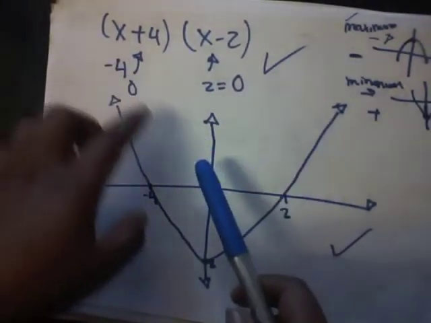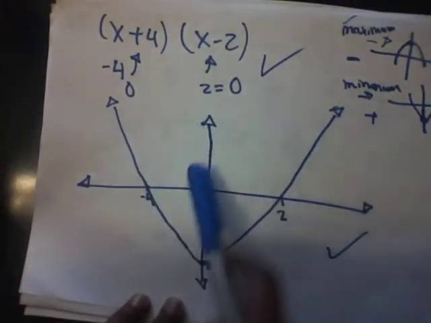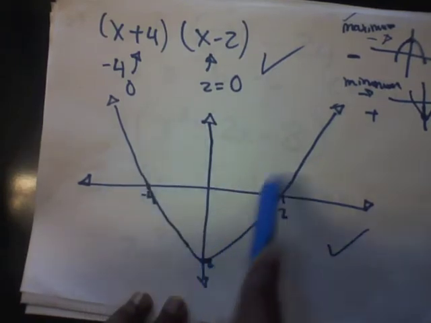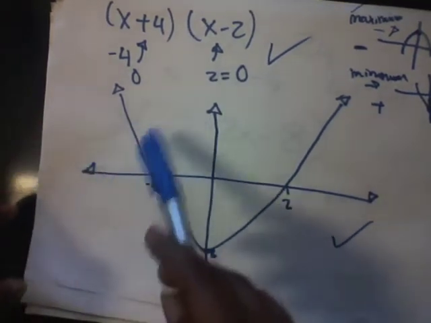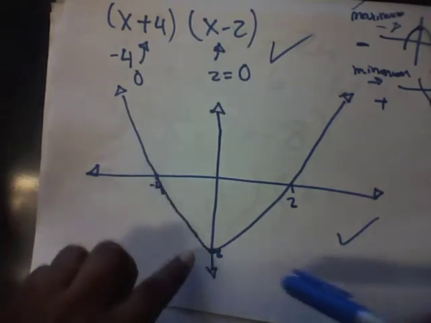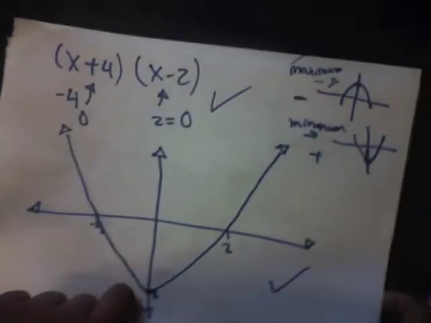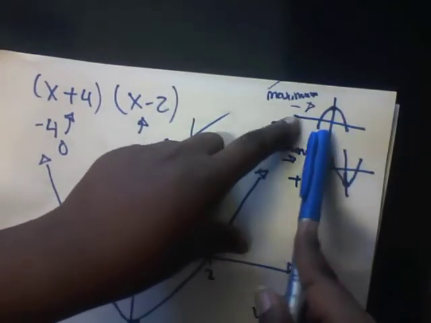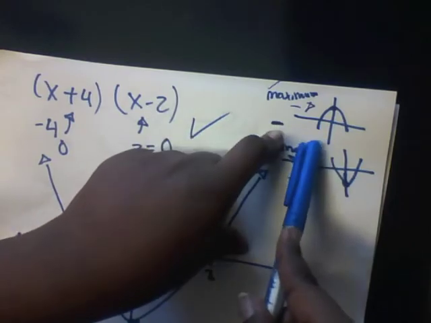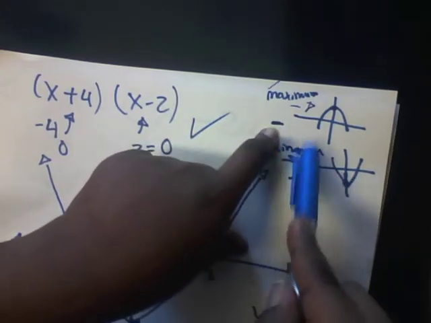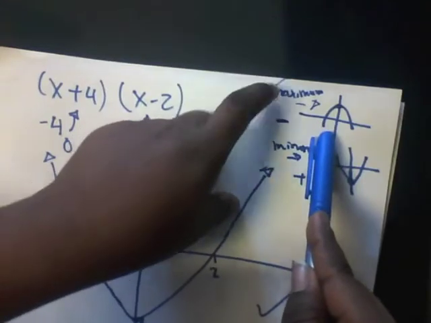So based on the information I got, I know the graph will look like this because it has a minimum. And just remember, if the leading coefficient is negative, then the graph will be a maximum.